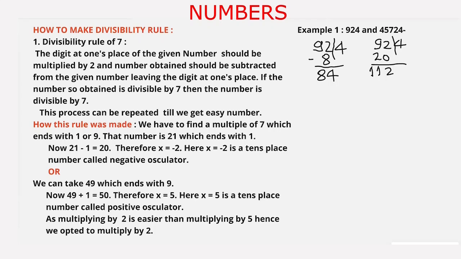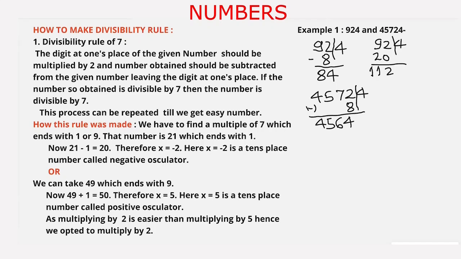You will learn more from the next example. The next number is 45,724. We multiply 2 to the last digit 4. 4 times 2 is 8. Now we subtract it and we get 4564.